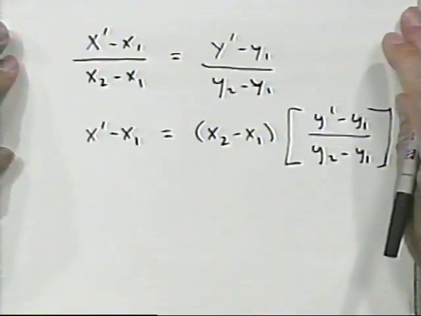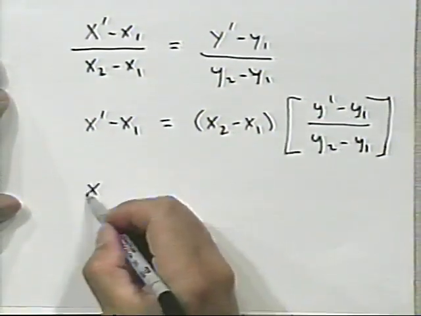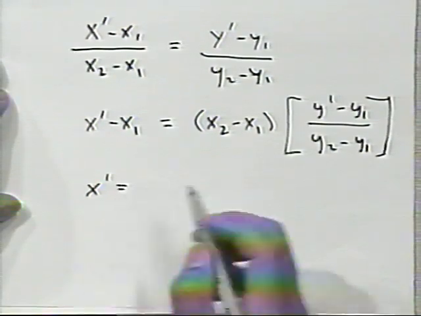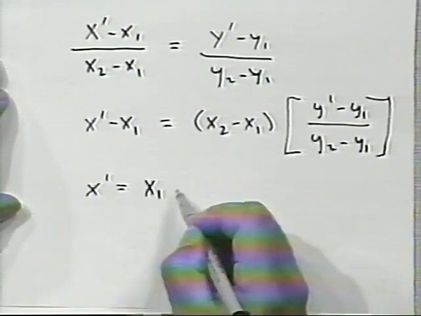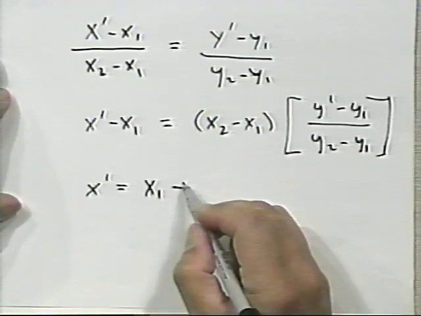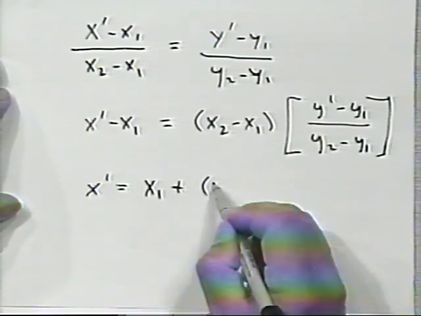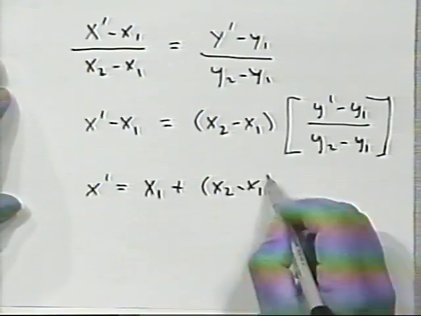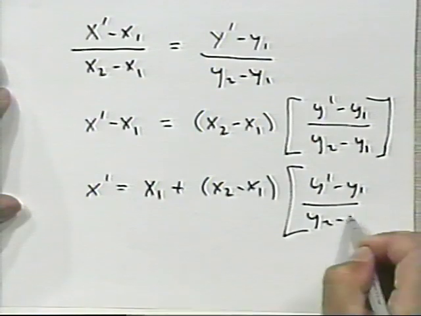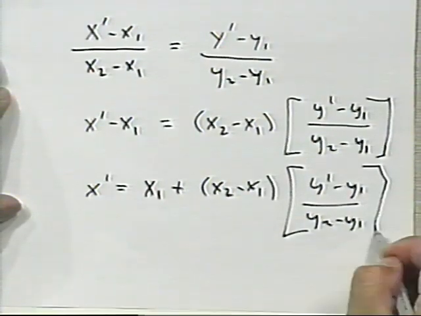And then as a final step of simplification, we can say that x prime, which is the value we want to calculate, is equal to x1 plus x2 minus x1 times y prime minus y1 over y2 minus y1.